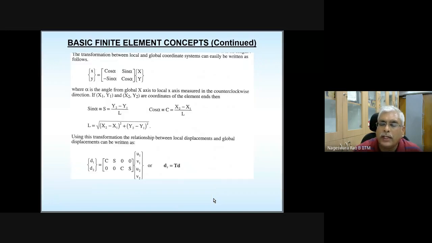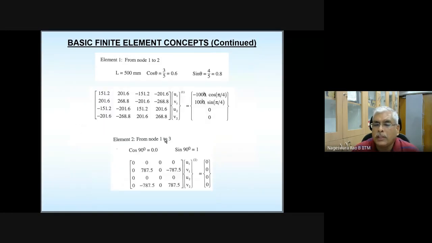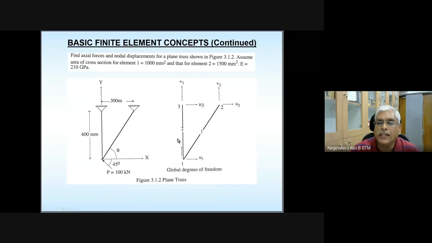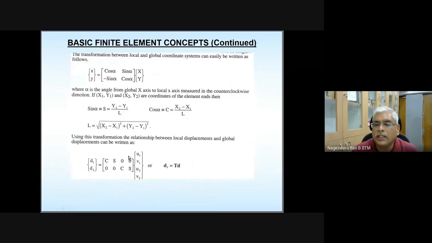The same exercise you need to repeat for element 2. Element 2 is going from node 1 to node 3. So in this equation, it's going to be U1, V1, U3, V3.